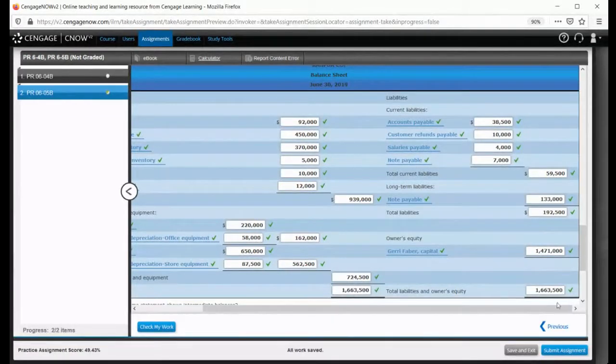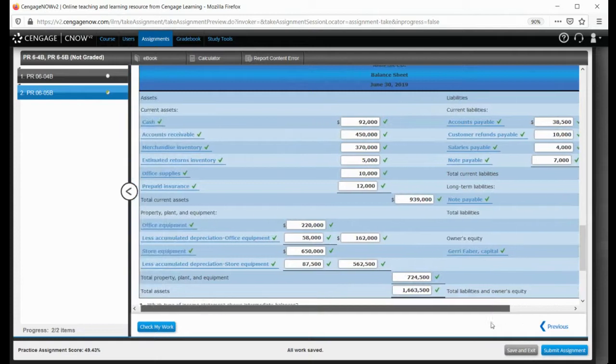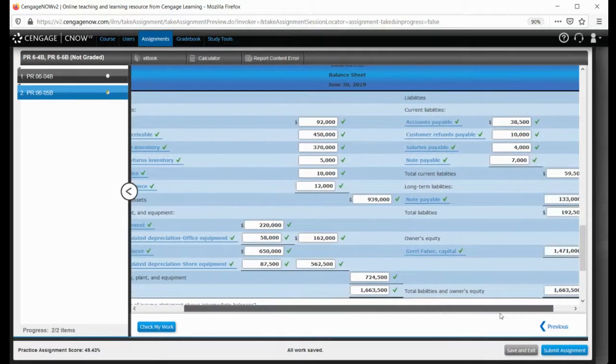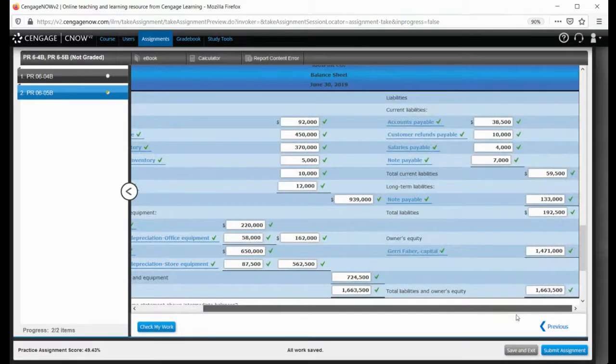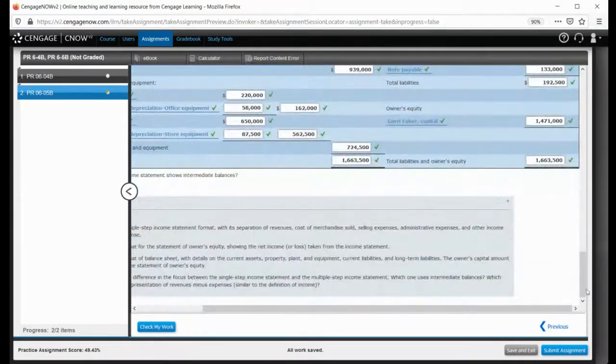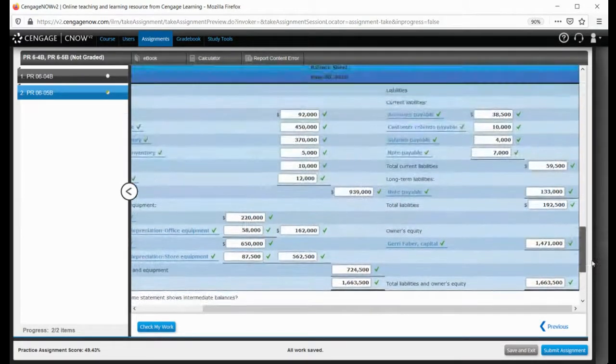And if you'll notice, your total liabilities and your owner's equity has to equal the total of the assets. So that's basically your balance sheet. The total assets has to equal the total of the liabilities and the owner's equity. And that's all that they wanted.